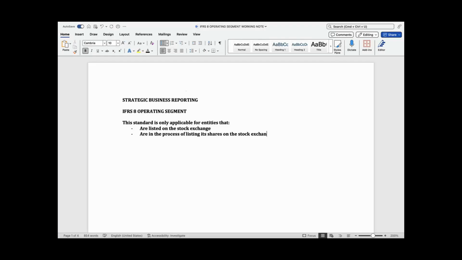So meaning that if you are not a listed company, you don't have to apply this. We don't need you to apply all of those.